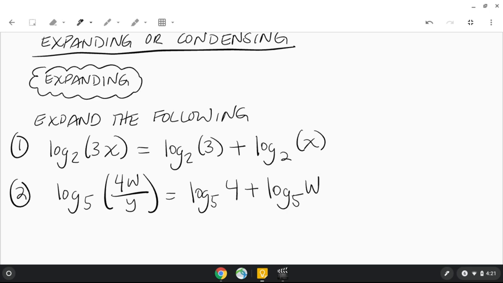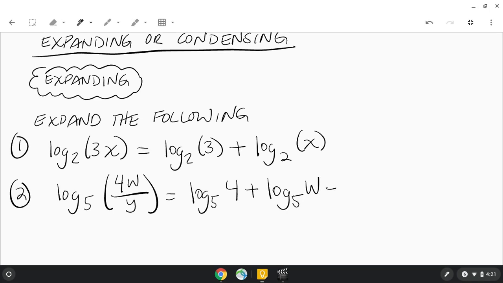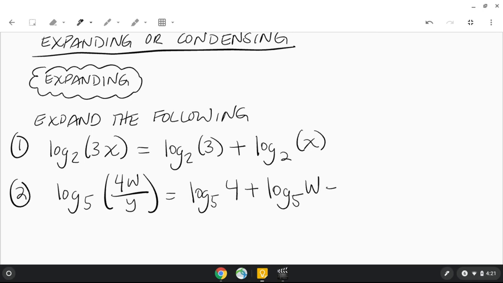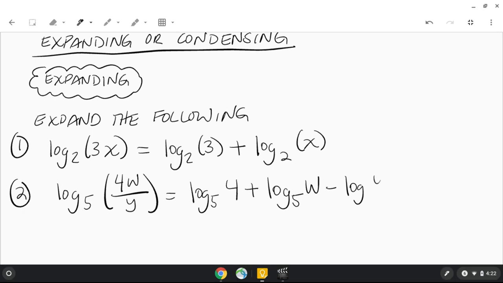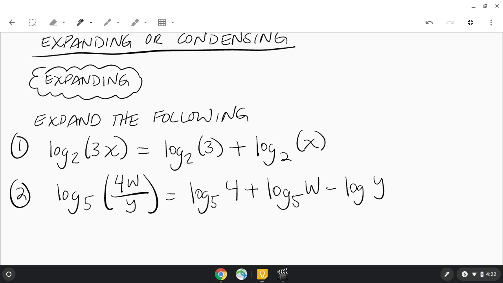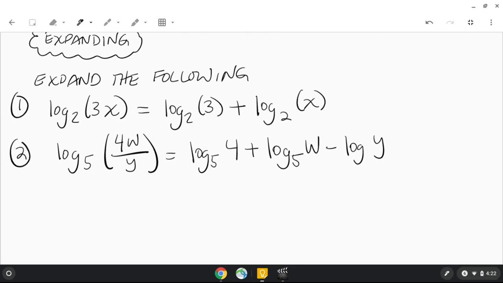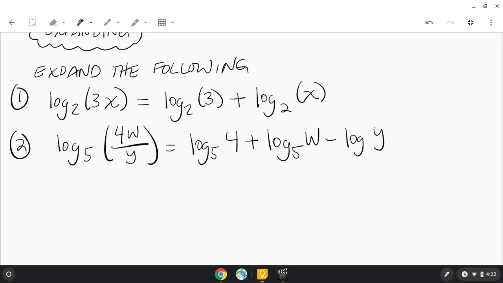And then that y is down below, so that one is going to have the subtraction. So it's going to be minus log y. What the properties are basically saying is that anything in the numerator will be positive and anything in the denominator will be negative, or subtraction.